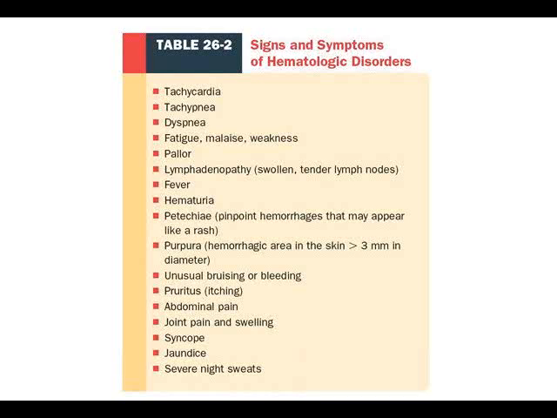You get some trapping of the various blood components, particularly some platelets or sickle cells can all get caught up there and cause some swelling, cause some pain, because it's kind of a point in which blood does not always flow nice and easily through it. Syncope, or passing out. Jaundice, of course. Jaundice is the yellowing of the skin and eyes. And severe night sweats. All kind of depends on their disease process.